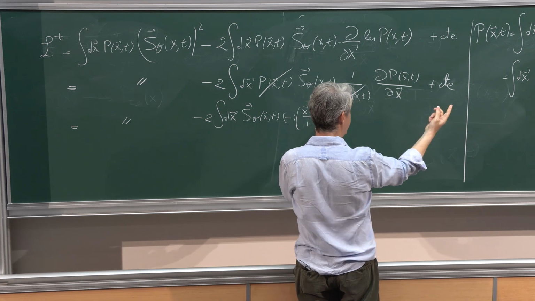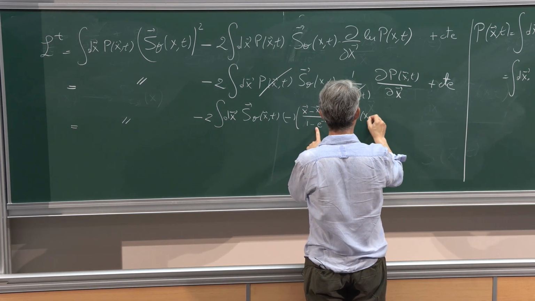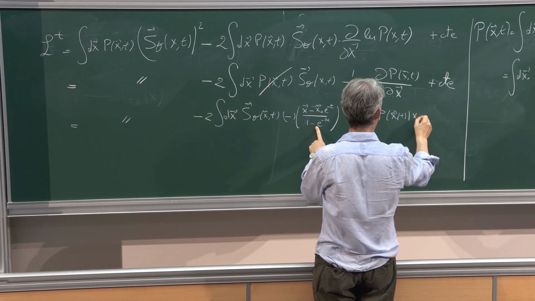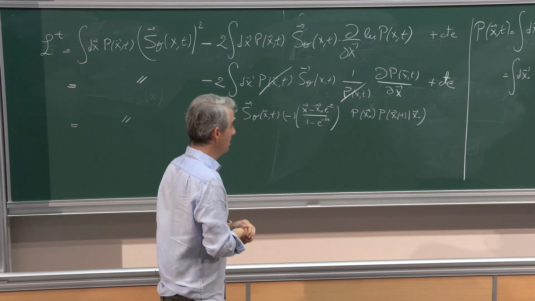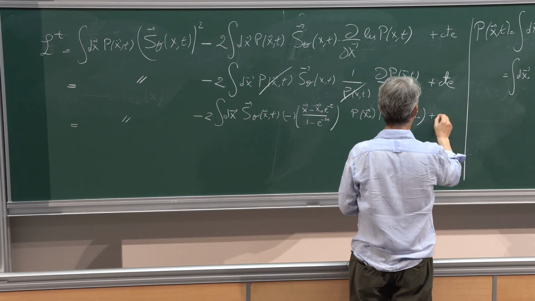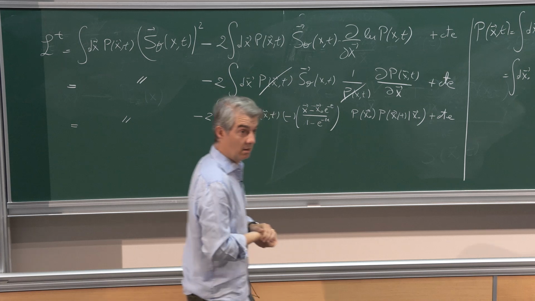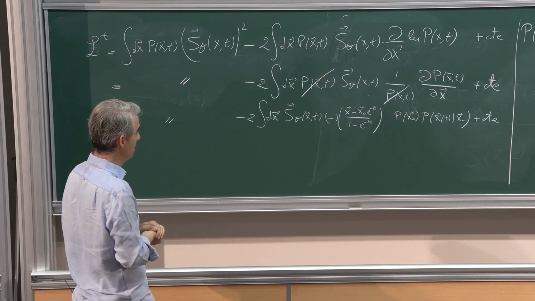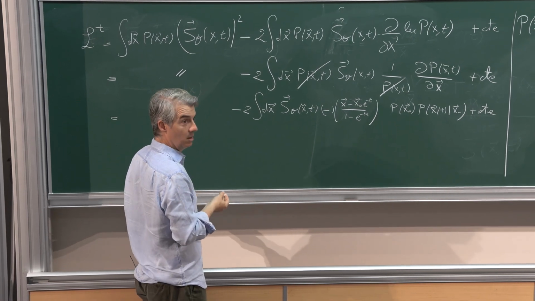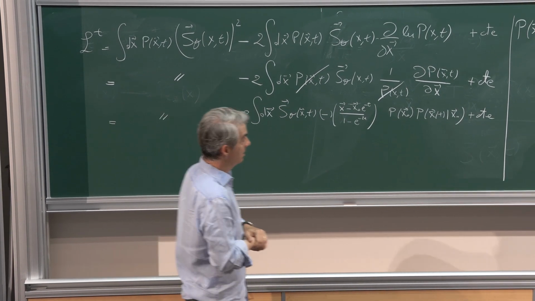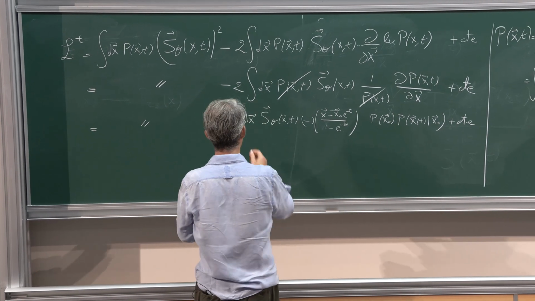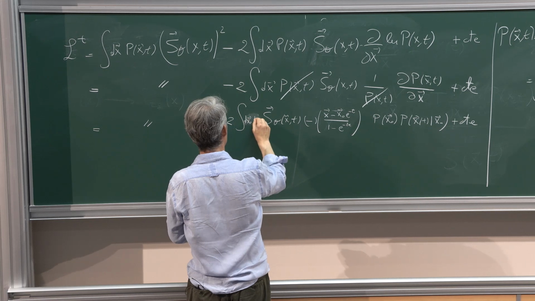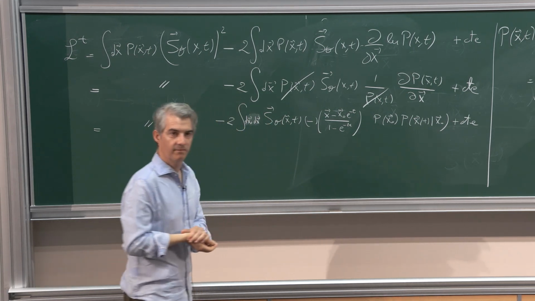And then I have exactly the same thing, so I'm going to get p of x0 and p of x of t given x0, plus a constant. Okay? Okay, now what happened to the integral over x? Yeah, I forgot it. You're right. Thank you.